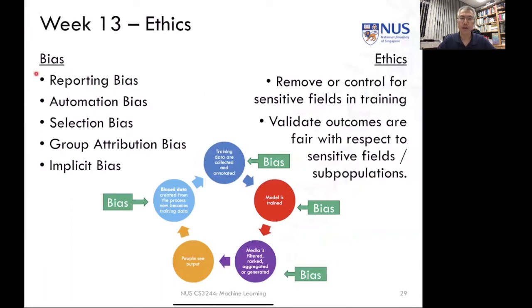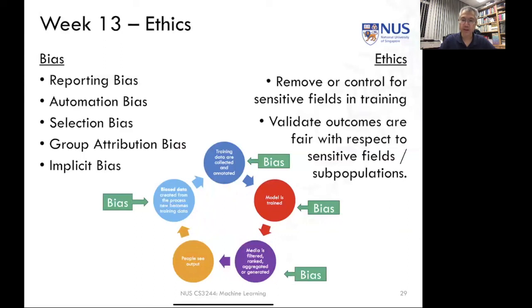We saw that there are many cases of bias, including reporting bias, automation bias, selection bias, group attribution bias, and implicit bias, and that bias can come in all forms of the data science and machine learning pipeline, from collecting the data, training the model, using the model, having people see the model, and then using the output of how people use the model to create additional training data, which closes the loop.